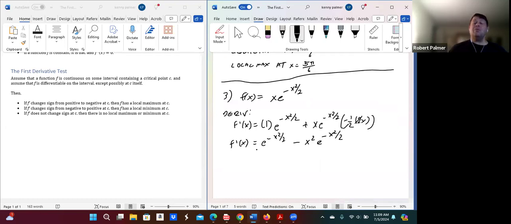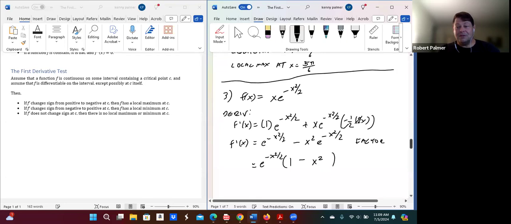Now we have to find out where this is equal to 0. What's going to make that easier is to factor this. I'm going to take e to the negative x squared over 2 out of both, since they both have that in common. What I have left is just 1 from this one, and x squared from the other.